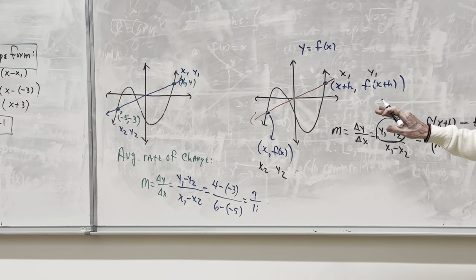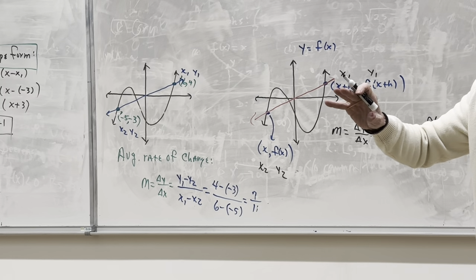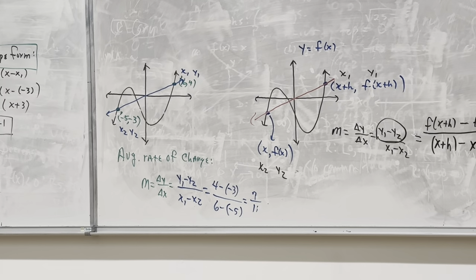Did I put everything in correctly? Yeah. Now if I clean that up just a little, I'm left with this: f of x plus h, subtract f of x, all over, the x's will cancel in the denominator, and leaves me an h.